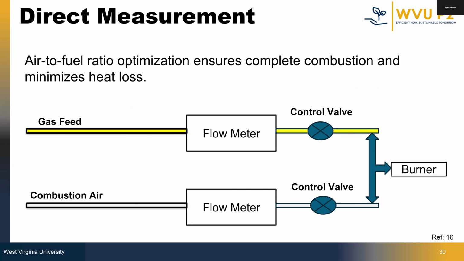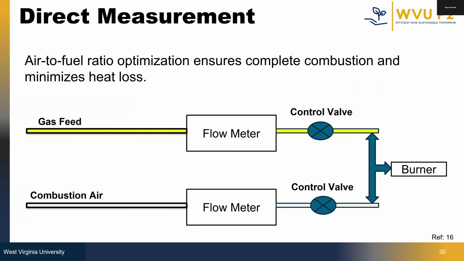And both of these not only waste energy, but also drive up operating costs. So by fine-tuning this ratio, we can ensure cleaner, more complete combustion, better heat transfer, and improved fuel savings. It's a relatively simple adjustment, but it can have a major impact on performance and cost.